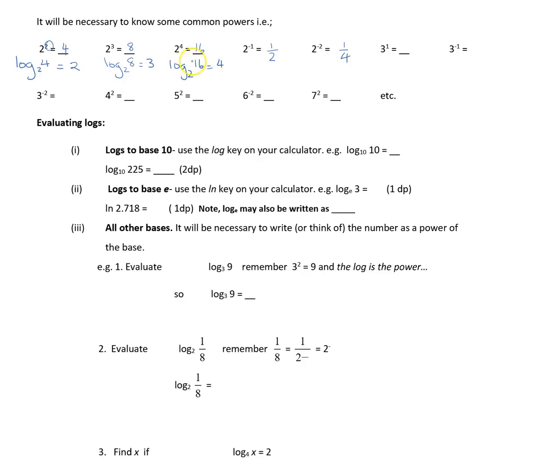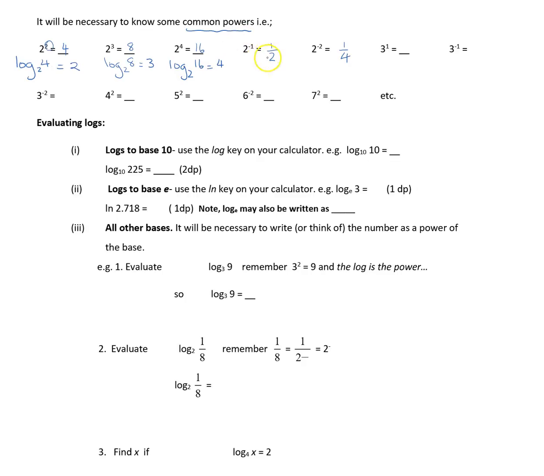So I'm getting these because I know some common powers, some base 2 to its common powers. You will commonly see numbers like 4, 8, 16, especially when we've got base 2.